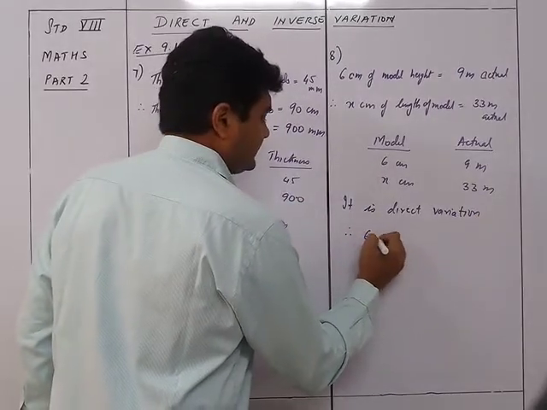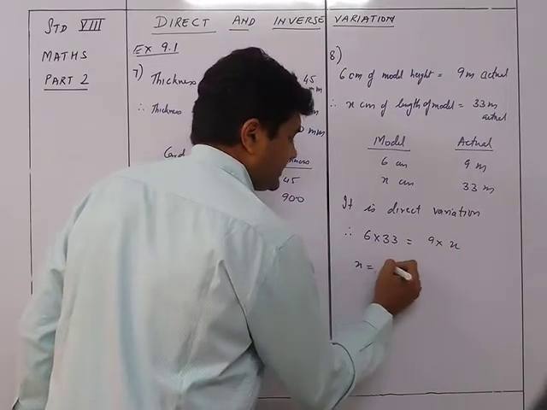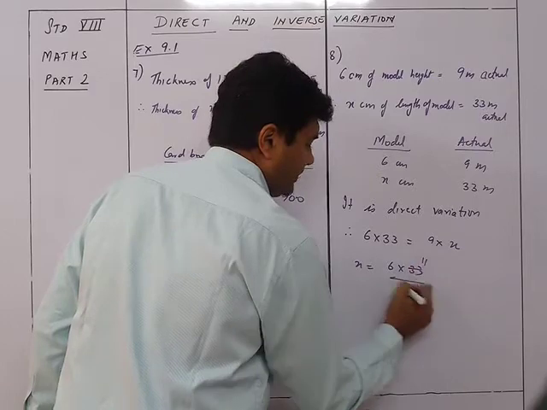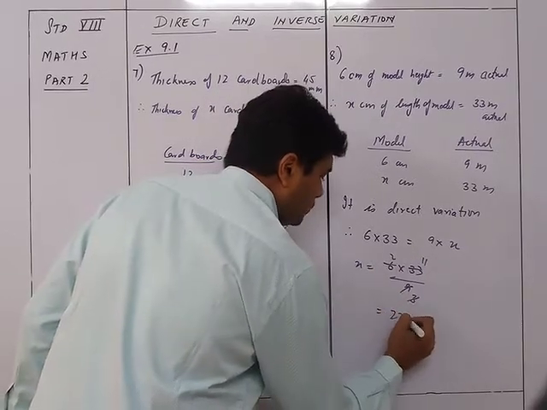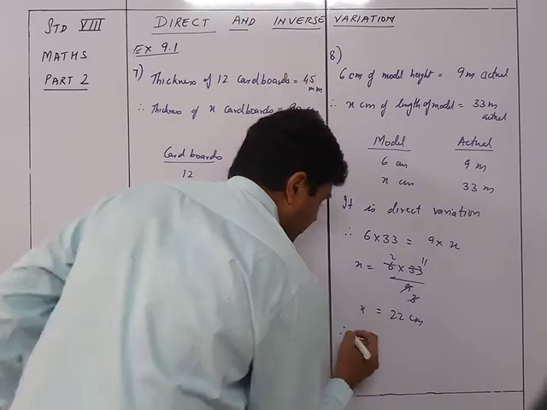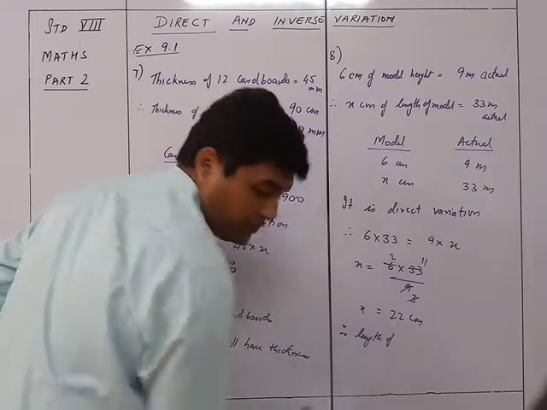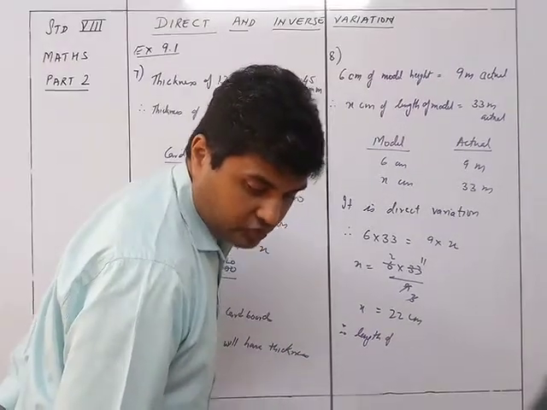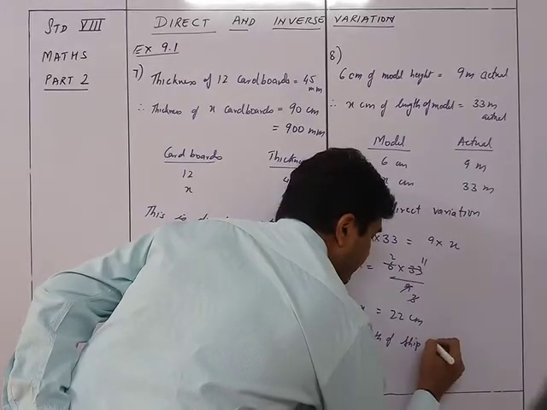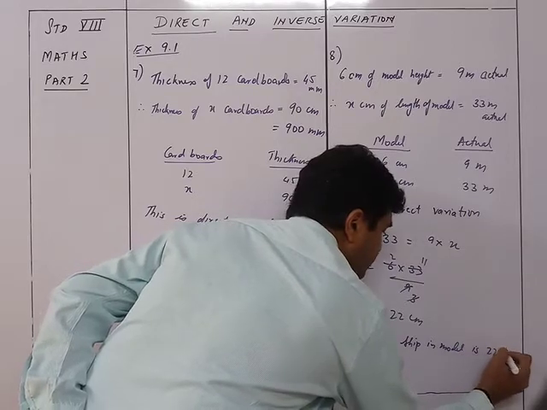Therefore, 6 into 33 is equal to 9 into X. So X is equal to 6 into 33 upon 9. 9, 11 and 2, that is 22 centimeters. So therefore you can say that the length of the ship in model is 22 centimeters.